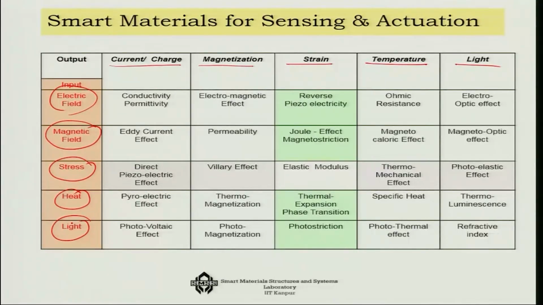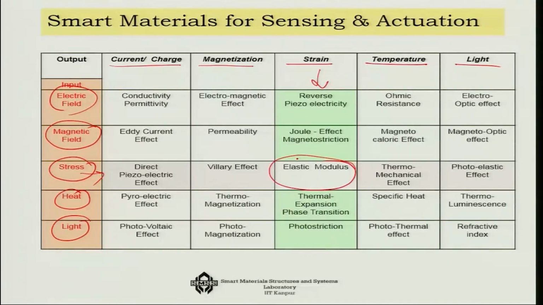If I consider a diagonal element in this matrix, stress versus strain, what comes there is the elastic modulus. That is not smartness, because every material deforms under stress.